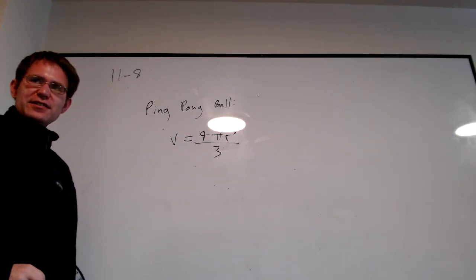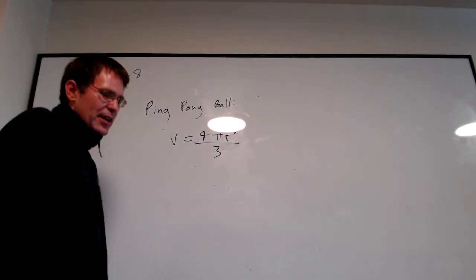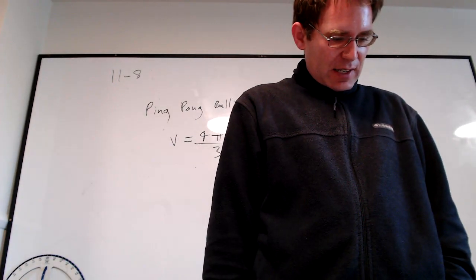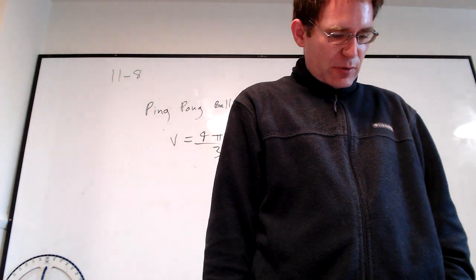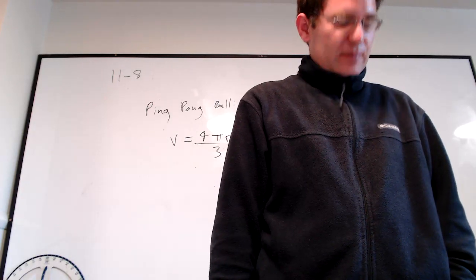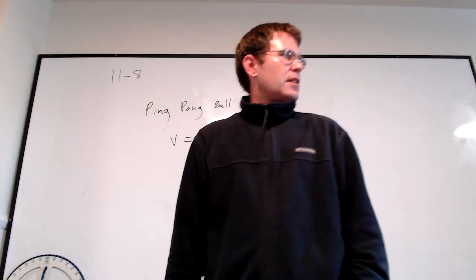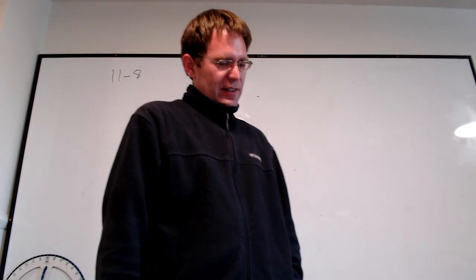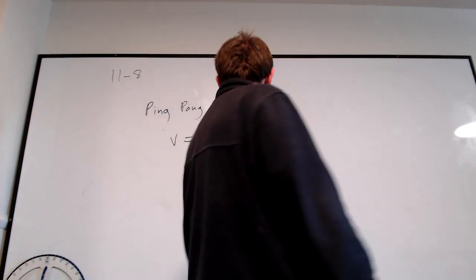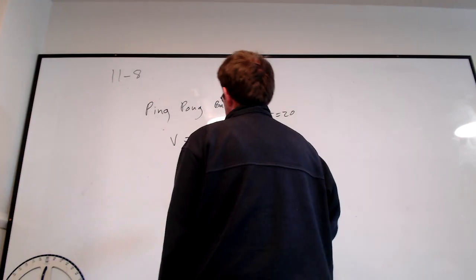No? Okay, so if our diameter is 40 millimeters, what would our radius be? 20. Yeah, so r equals 20.